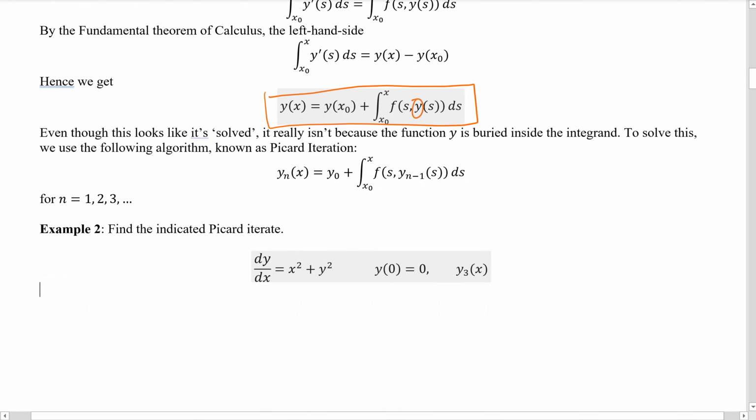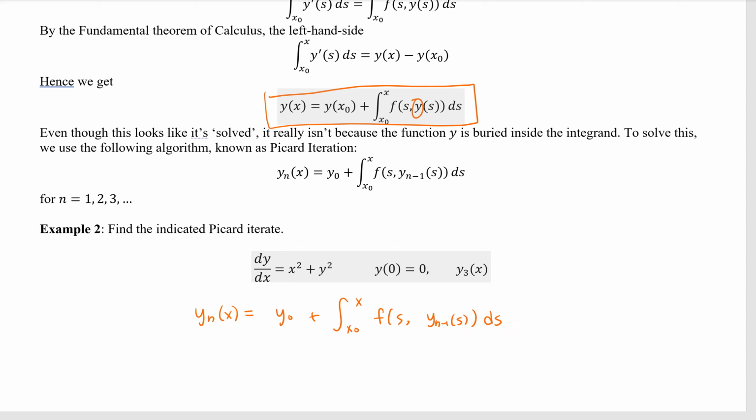Let's find the third Picard iterate. So we use the formula yn of x equals y0 plus the integral from x0 to x of f of s, y sub n minus 1 of s ds.